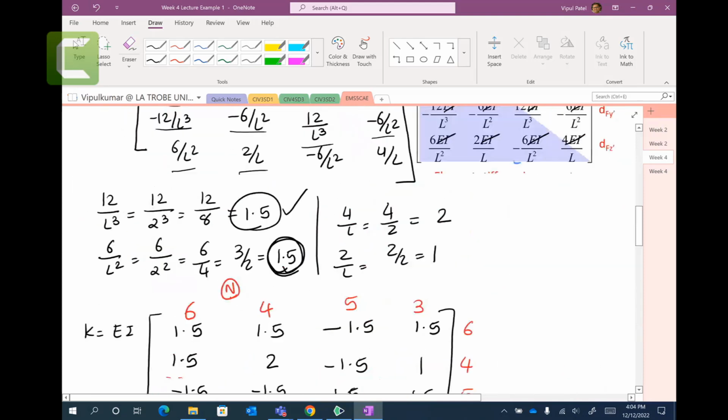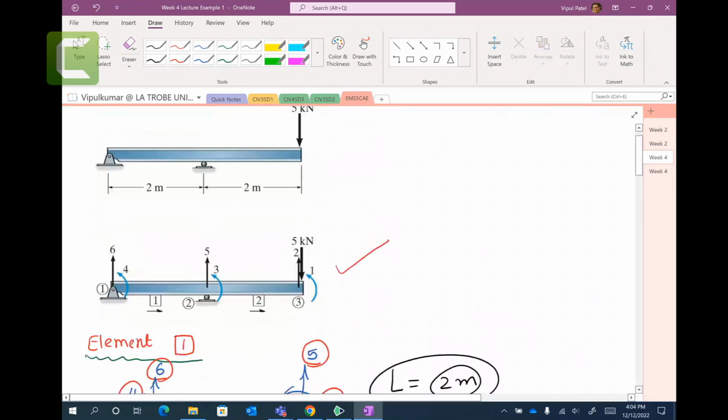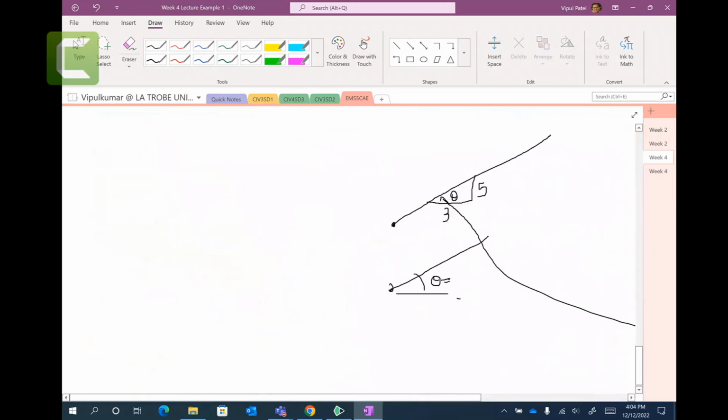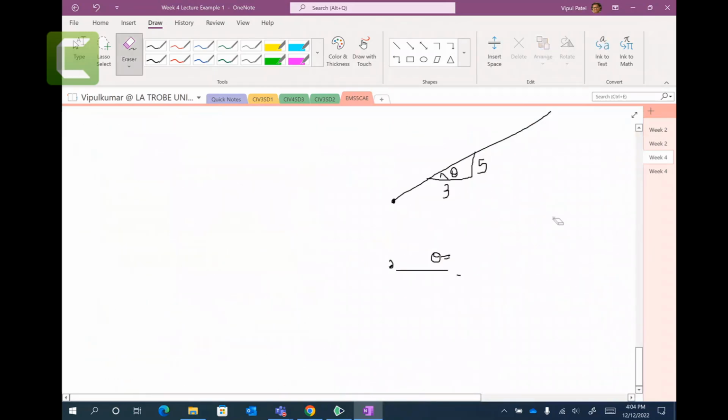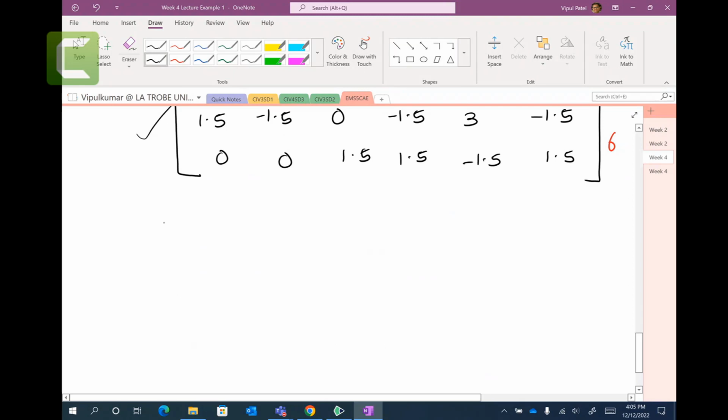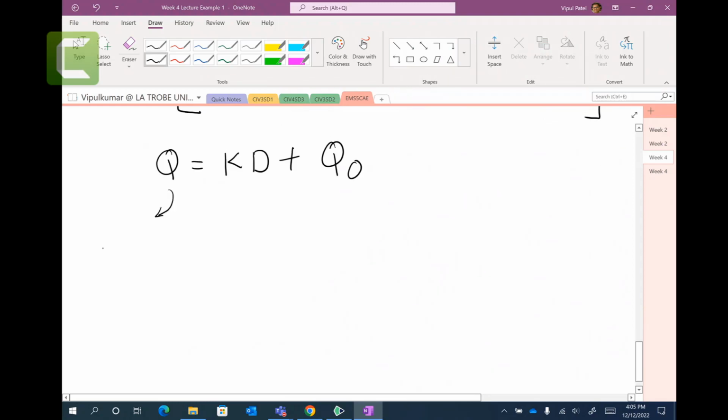Now, the next matrix that we want to get is this. The relationship would be Q, which is the force, equal to stiffness times displacement plus this Q0. This is your nodal force vector. What is the nodal force vector?